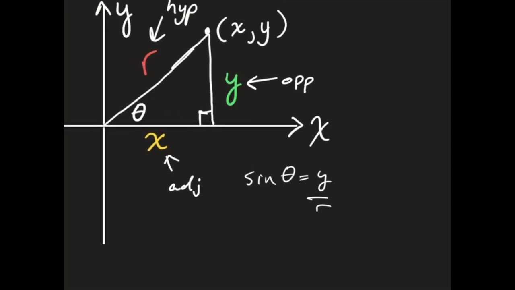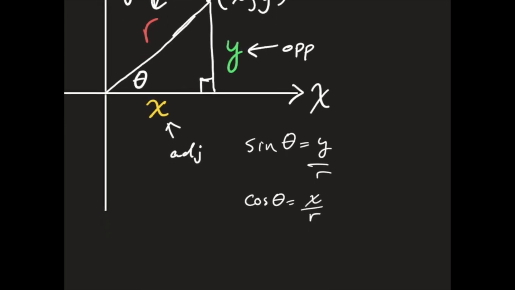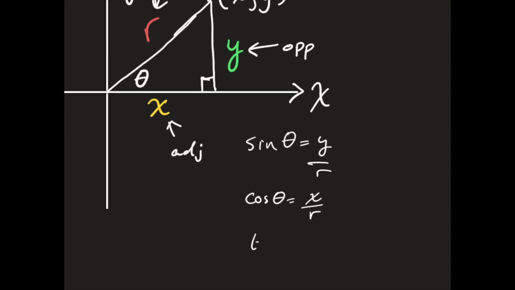Cosine theta is adjacent over hypotenuse, which makes cosine theta x over r. And tangent theta is opposite over adjacent, so that's y over x, and we cannot divide by 0. Now these are your basic 3 trig ratios. There are 6 total, and the other 3 are only the reciprocals.